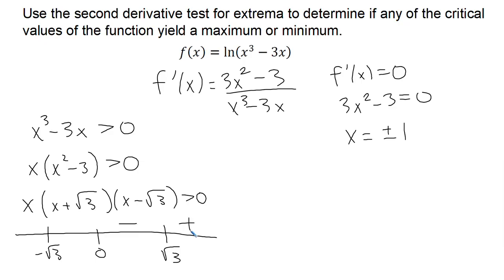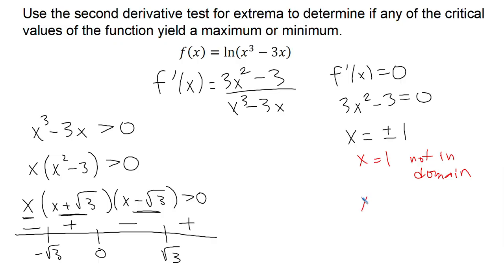If I plug in something like -1, I get a negative times a positive times a negative, which is positive. And if I plug in something like -1,000,000, I'm going to get all negatives. So we can see that our domain only goes from negative root 3 to 0 and from root 3 to infinity, which means that x equals 1 is not in the domain. So I don't really need to worry about that value.